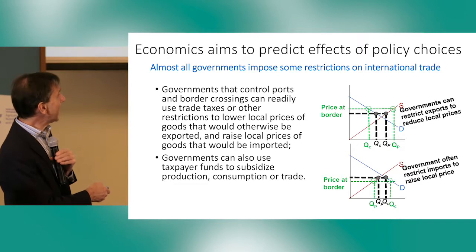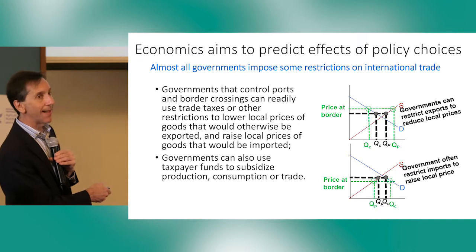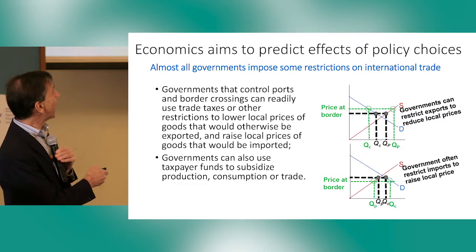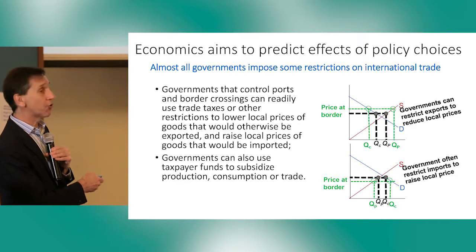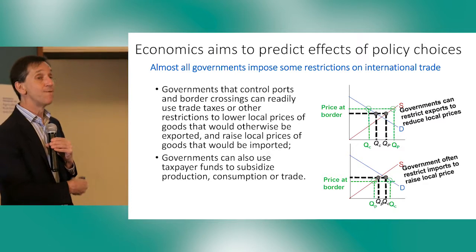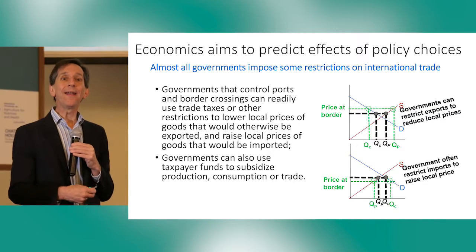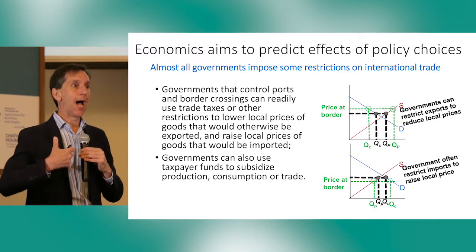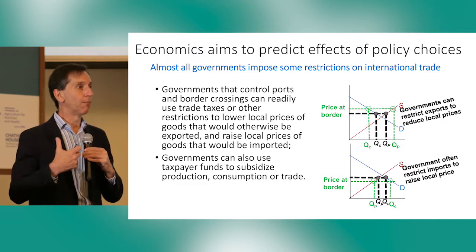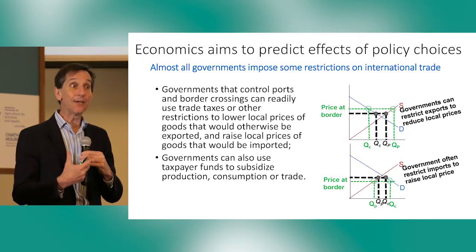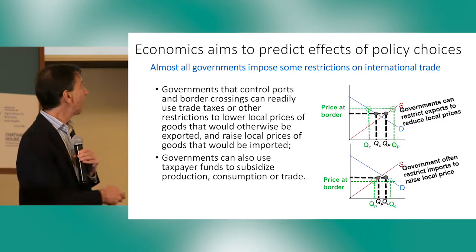And they can restrict imports to raise local prices and allow producers of that thing to produce more of it. So we predict and observe governments doing this trade restriction very, very often when there's a politically mobilized interest group that wants to see this.